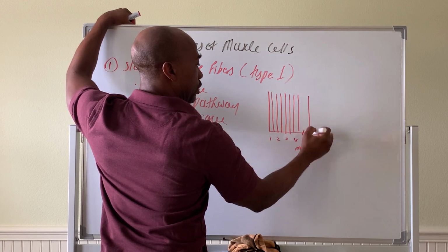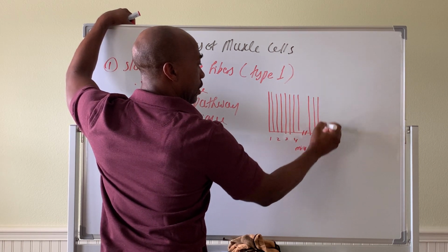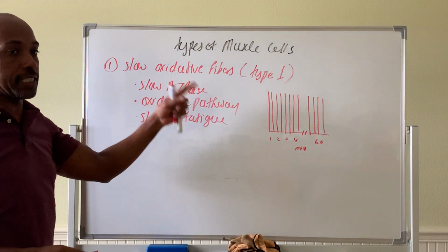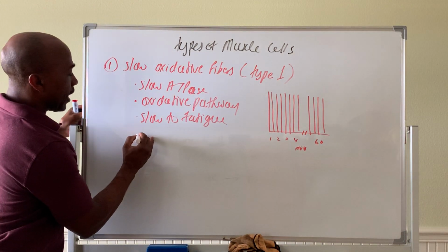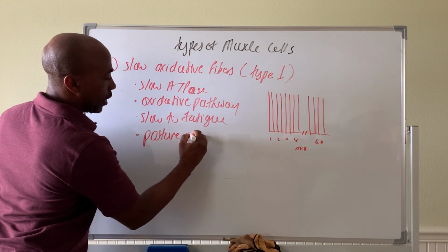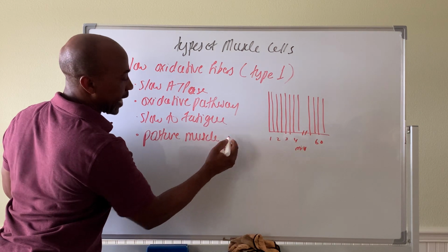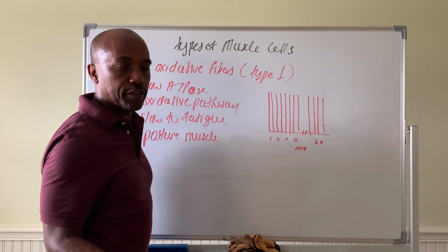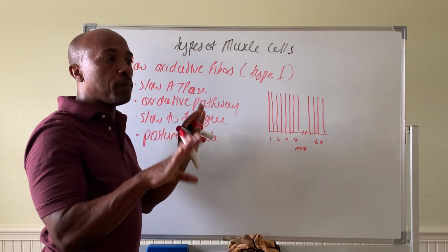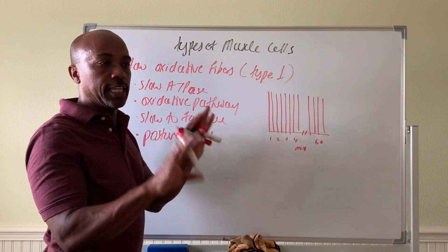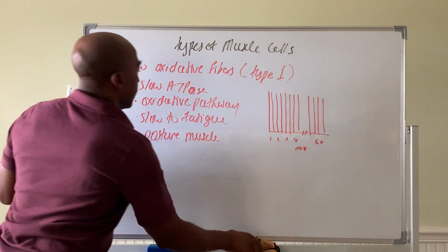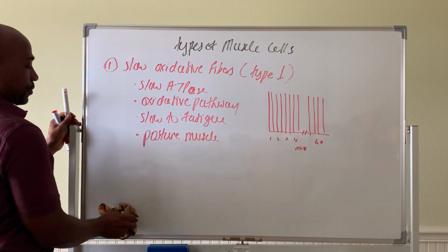Even after 60 minutes, they're still giving you maximum power. So these are said to be fatigue resistant. So type 1 fibers are fatigue resistant, usually found in your posture muscles. I can stand for 4 hours without fatiguing because the muscles of my posture are slow, but they last forever. They're fatigue resistant fibers.